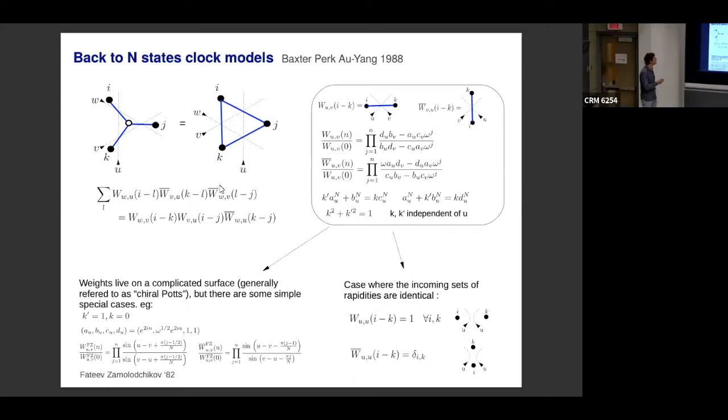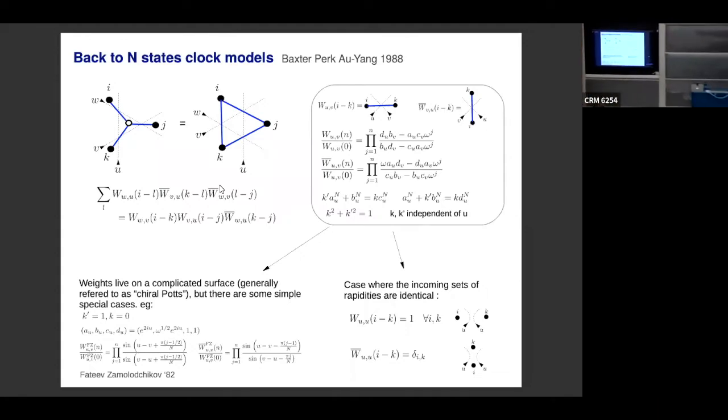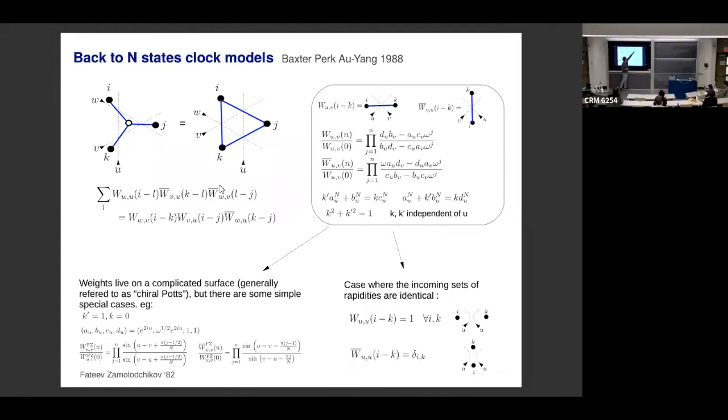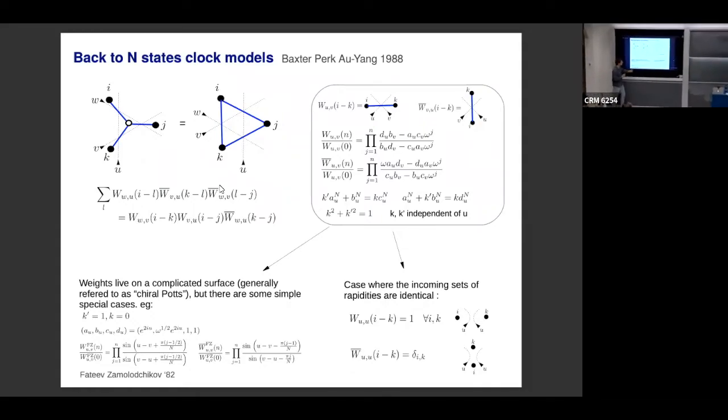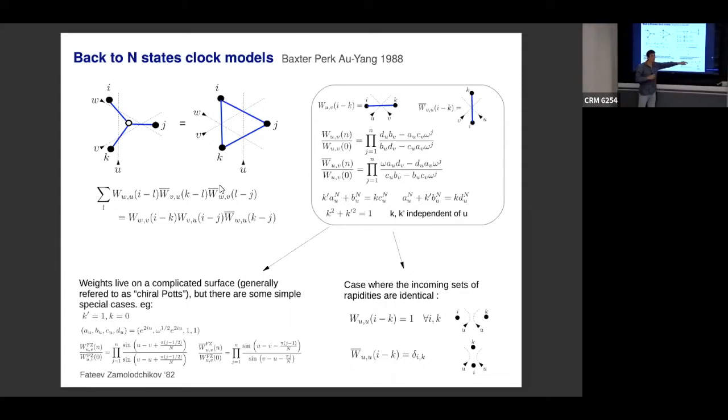And let me just mention another aspect of this solution: in the particular case where the two rapidities, or the two spectral parameters, are equivalent, then the weights simplify a great deal. So the W weights become 1 for any values of the spins, any values of the I and K spins here. I hope this is big enough for everyone.